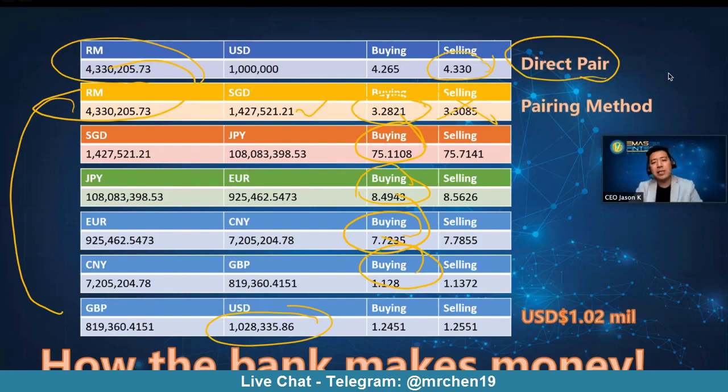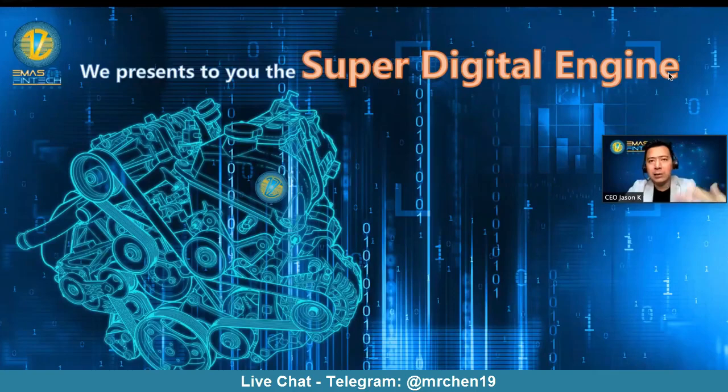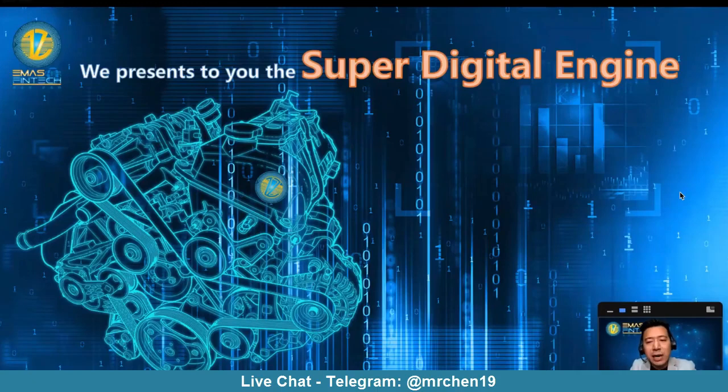This engine is what I call here a super digital engine. It actually has a more technical name: the intelligence calculation system. But I gave it a more layman name, super digital engine, because it did very well.